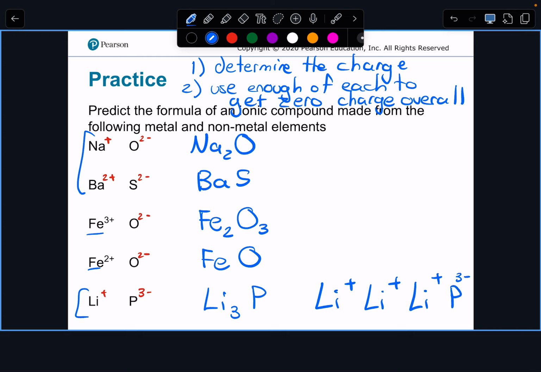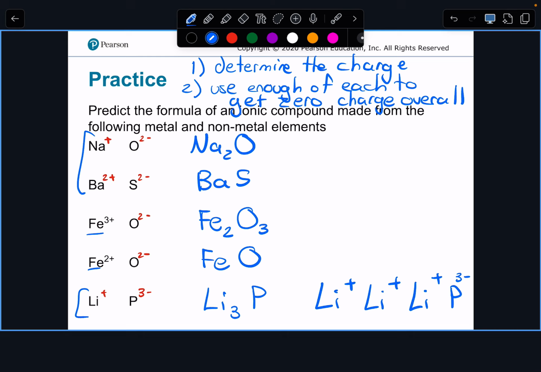Okay? Well, when you get to Fe3+ and O2-, that starts to feel a little bit like, what? How many do I need of each of these? If you notice, this is like a least common multiple, I think is the right term. So whatever number is up here, that's how many you're going to need of this.